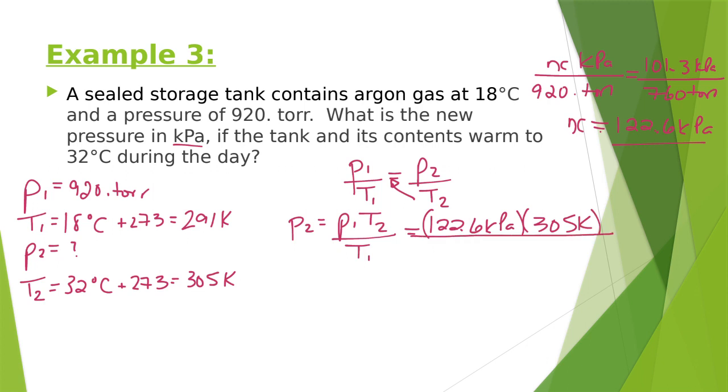And then the initial temperature, T1, is 291 Kelvin. So that when I do my calculation, I get a pressure of, calculator says 128.498. How many sig figs do I need? I need 3. So I'm going to say 128 kilopascals as my answer. And that makes sense. The temperature went up during the day. My pressure should go up during the day as well.